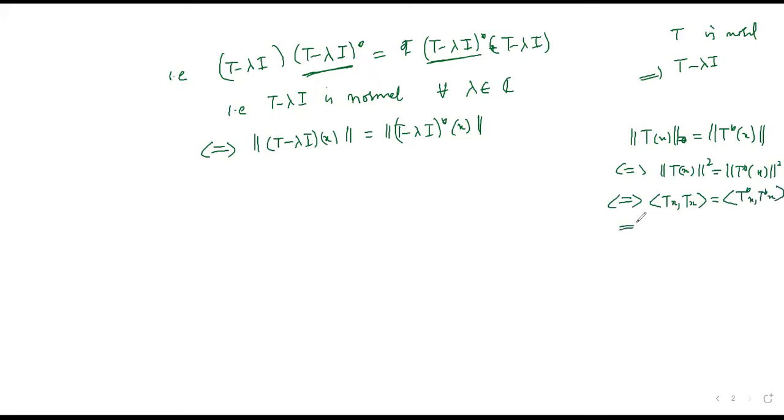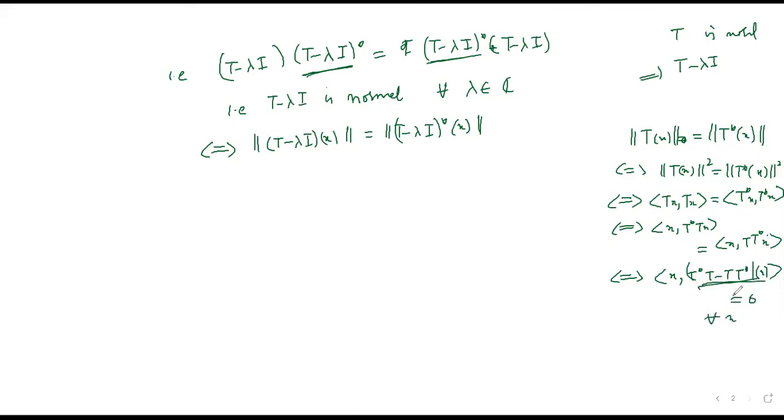And using the defining property of the adjoint, this would mean the inner product of x with T star T of x is the same as x with T T star of x. And then shifting, as we have done before, that is, x comma (T star T minus T T star) applied to x is equal to 0 for all x.